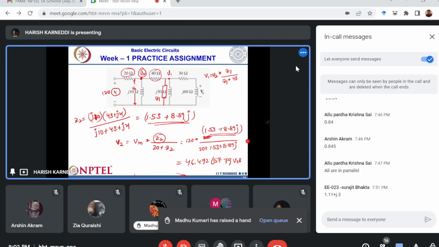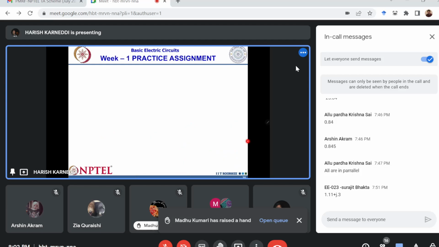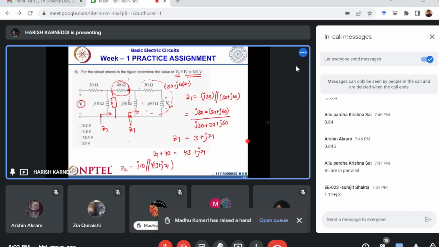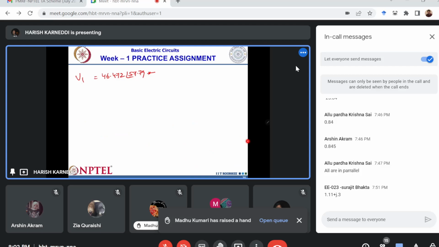That is 46.472 at an angle of 57.79 into Z1. What is the value of Z1 we calculated? 3 plus J21, divided by 3 plus J21 plus 40.